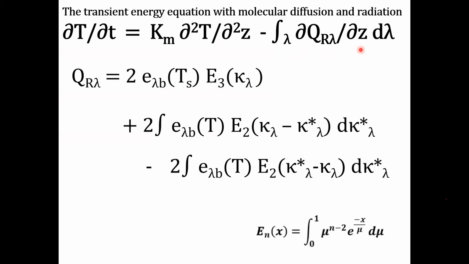Now, the radiative divergence term involves integration over wavelength. That is the trickiest part. And this is the radiative flux given here, in which the angular integration is incorporated in the exponential integral function En. And the spatial integration is here from the surface to the top of the atmosphere.